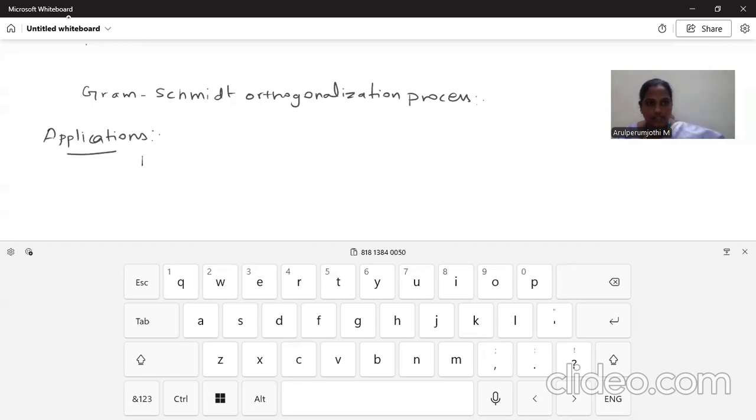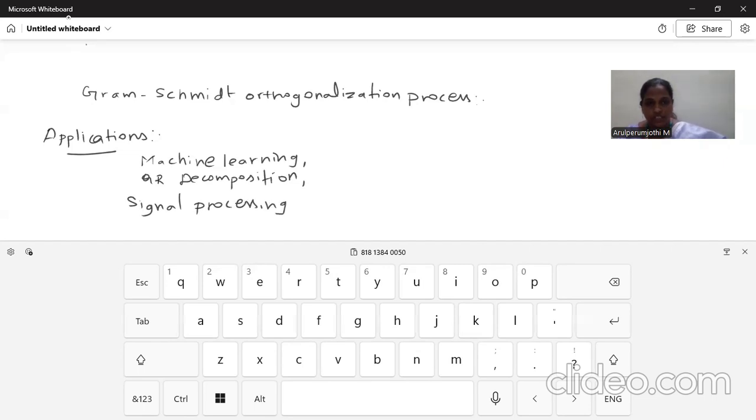It mainly applies in machine learning, and then QR decomposition, signal processing.